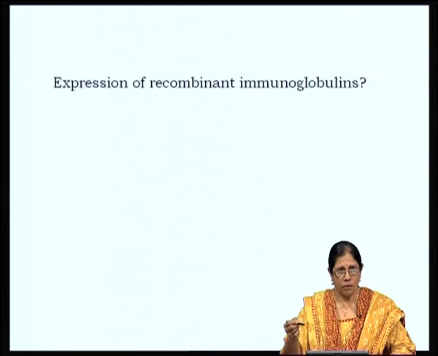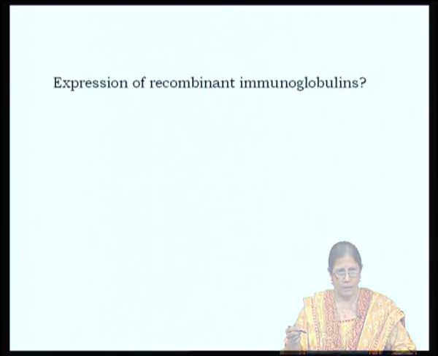It could be 10-fold or even 100-fold. In any case, one needs to think in terms of the solubility of the molecules. Like I said, at higher concentration, the immunoglobulin chains precipitate, and of course, heavy chain more likely than the light chain. Now, what is the reason for that?